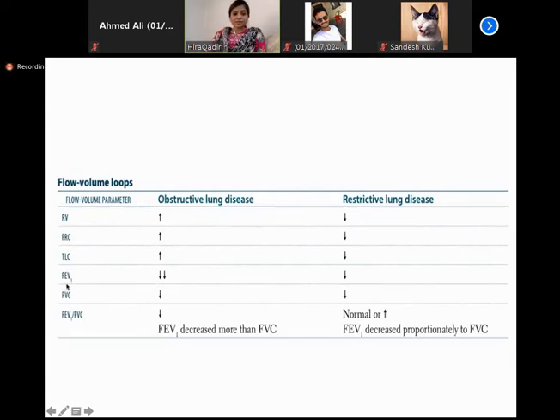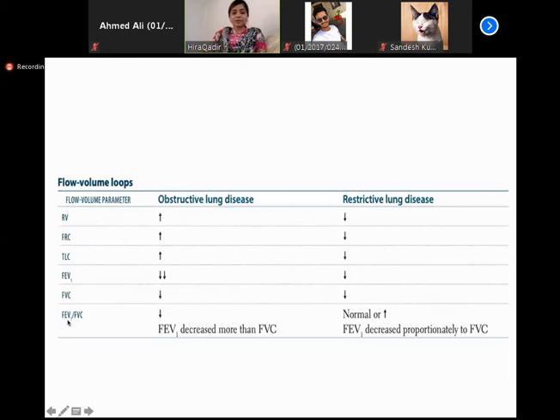Forced expiratory volume in 1 second is decreased in obstructive lung diseases and also decreased in restrictive. Forced vital capacity is decreased in both, but the ratio is decreased in obstructive and normal or increased in restrictive, because the decrease in forced expiratory volume is greater in obstructive lung diseases compared to restrictive.